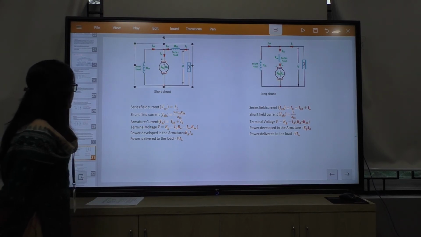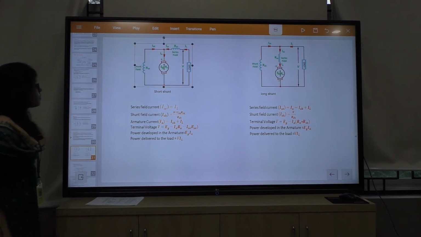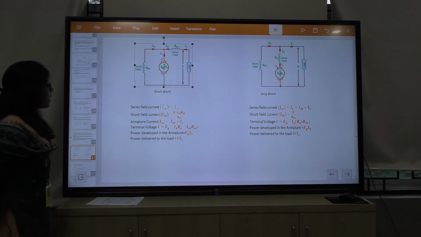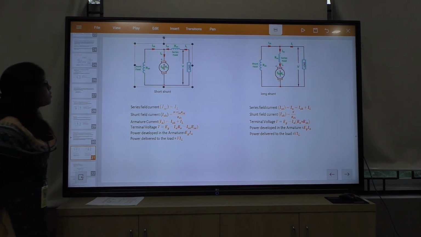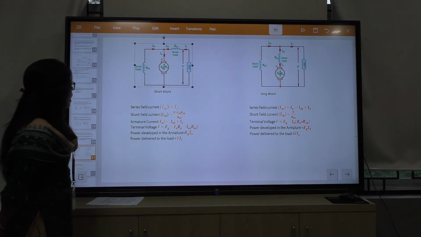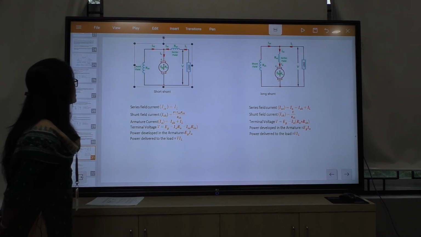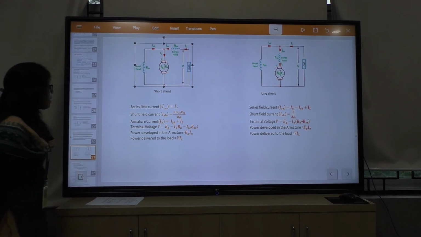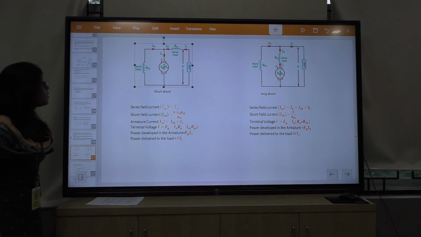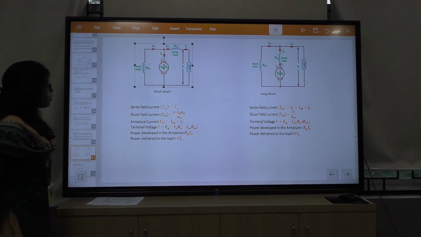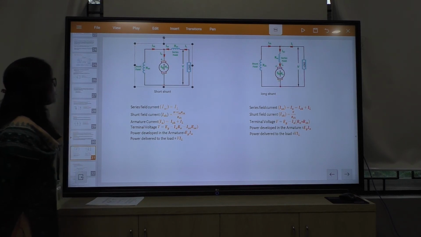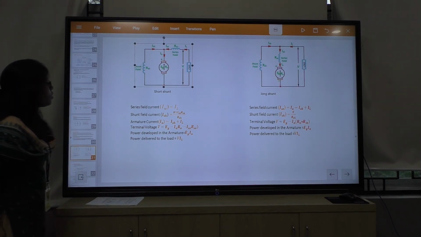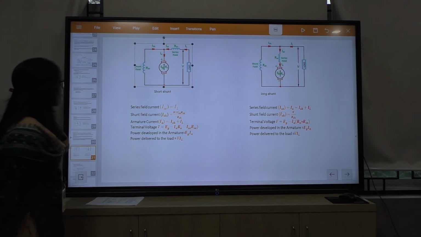Similarly, the armature current Ia equal to Ish plus IL, by applying KCL at the node. Then the terminal voltage V equal to Eg minus Ia Ra minus Isc Rsc. Similarly, the power developed in the armature is Eg into Ia, and the power delivered to the load is V into IL, that is voltage into the current through the load.